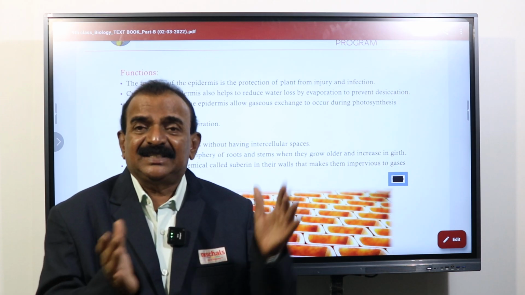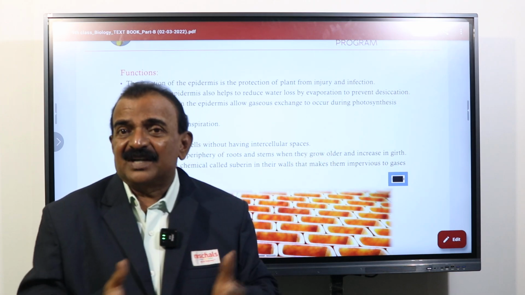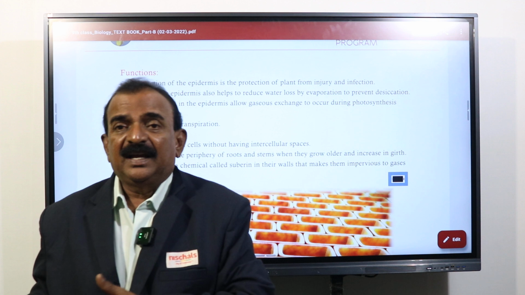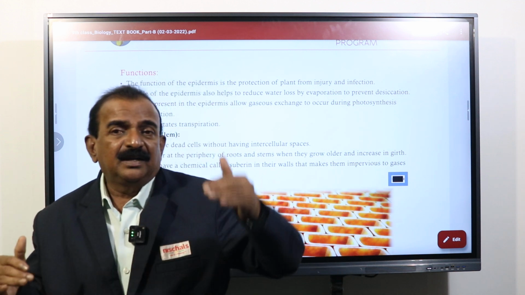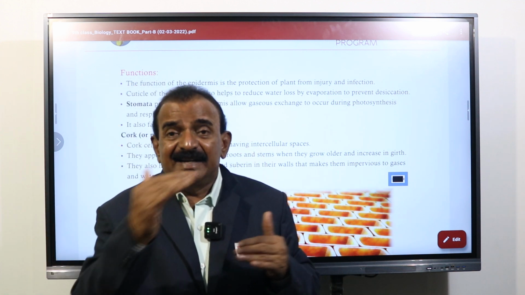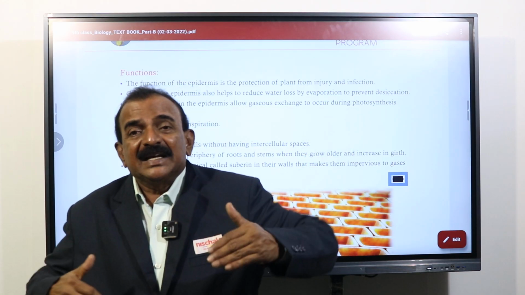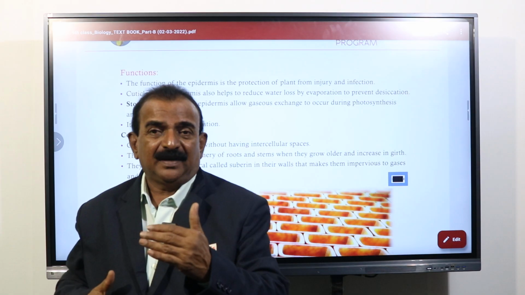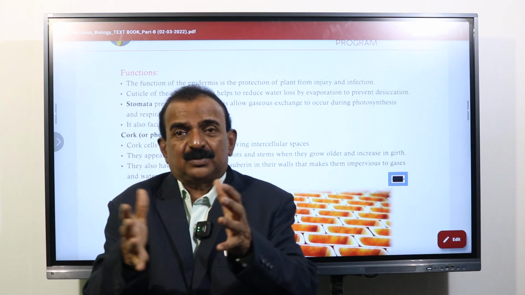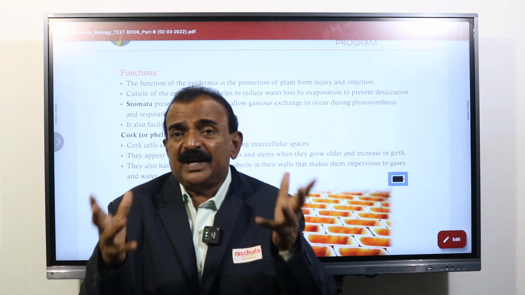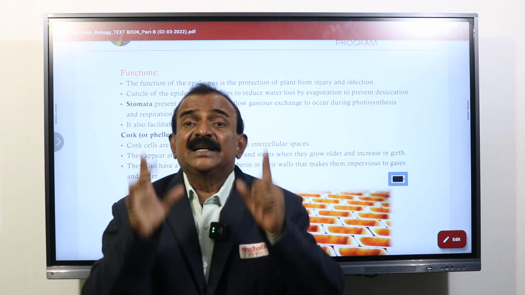During photosynthesis there is release of oxygen as a waste gas, and during respiration there is entry of air into the plant body, and they take oxygen. Again, there is release of carbon dioxide through the stomata. In this way gas exchange takes place through stomata, and these stomata are also useful for transpiration.